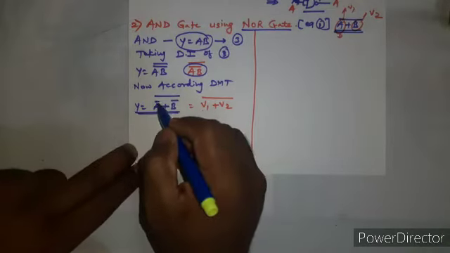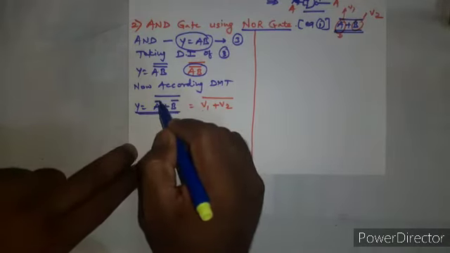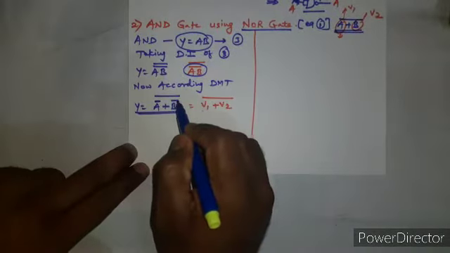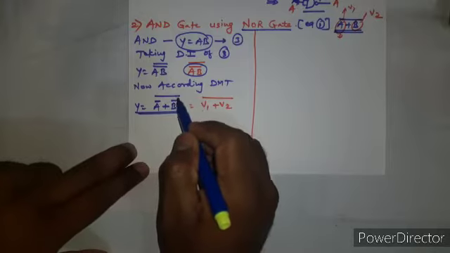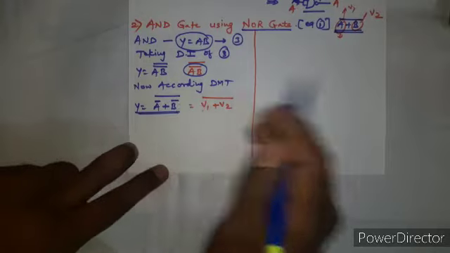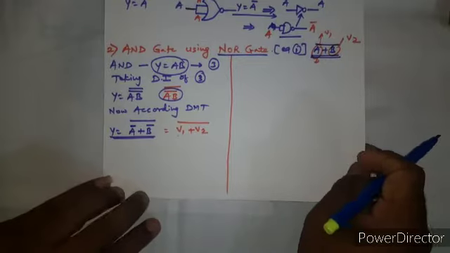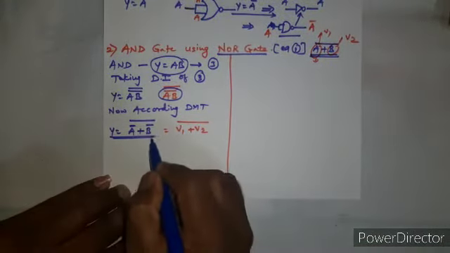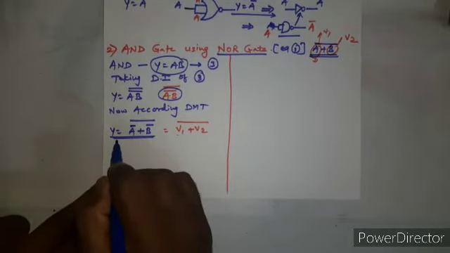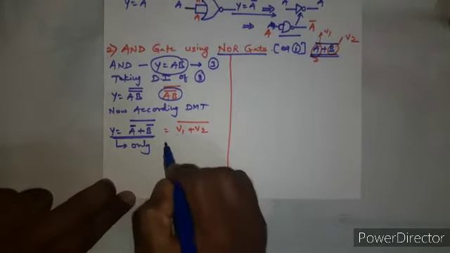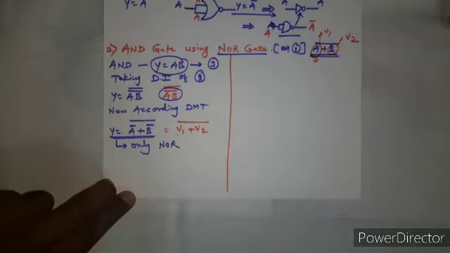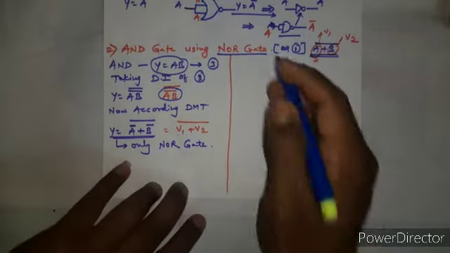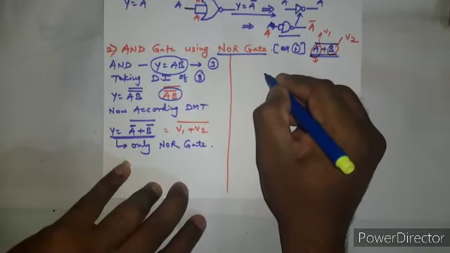Here this bar indicates one NOT gate, as we have just seen, and this B bar again indicates one NOT gate in the form of NOR. So how can I implement this equation? In this equation I am supposed to use only NOR gates, no other gates. Let's see the implementation. This is A, this is B, and there are NOR gates.